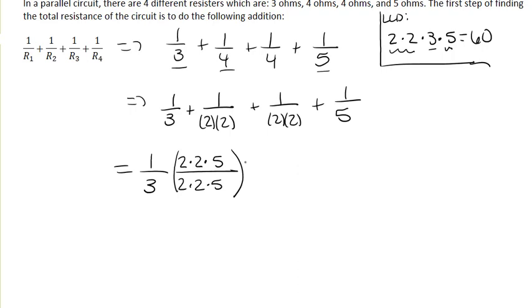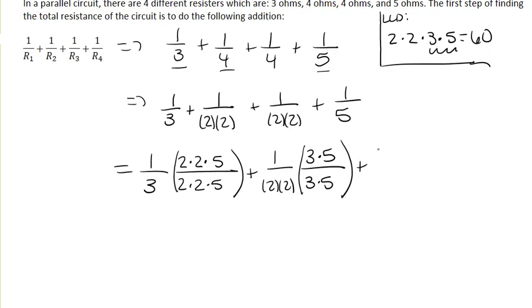Then we add 1 over 2 times 2. What we're missing from the 4, which is the 2 times 2, are these two factors. So we multiply the top and the bottom by 3 times 5, which is also 15.